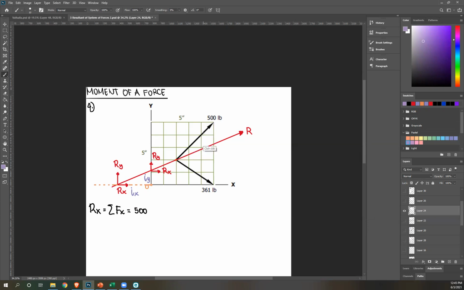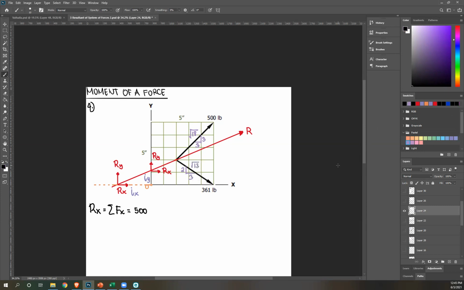So if you draw that, the hypotenuse is square root of 18. Let's try doing the same thing for the 361-pound force. Base is 3, height is 2. Compute for the hypotenuse, that's square root of 13. Okay, now we have our slope.